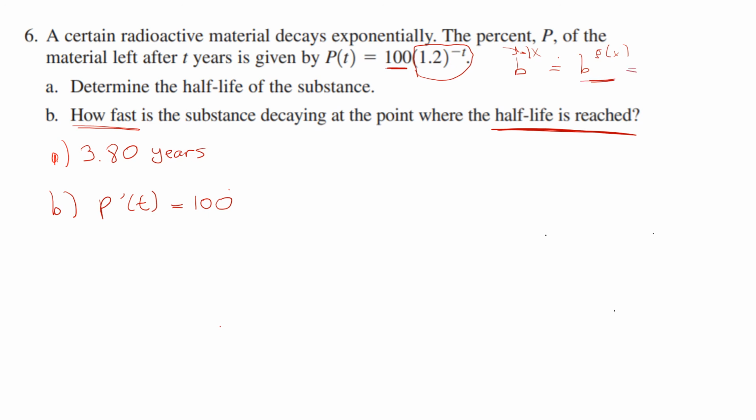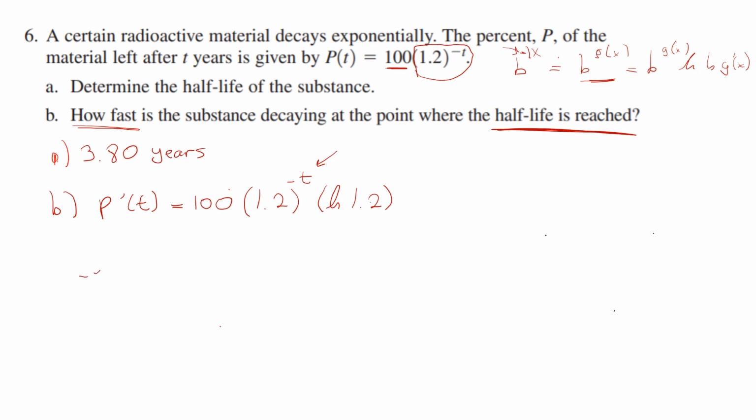When you're taking the derivative, it will equal b^g(x) ln b multiplied by the derivative of g(x). So now, when I'm taking the derivative, I keep it the same first: 1.2^(-t). Now I'm going to do the ln, which is ln 1.2, and then take the derivative of g(x), which is negative t.